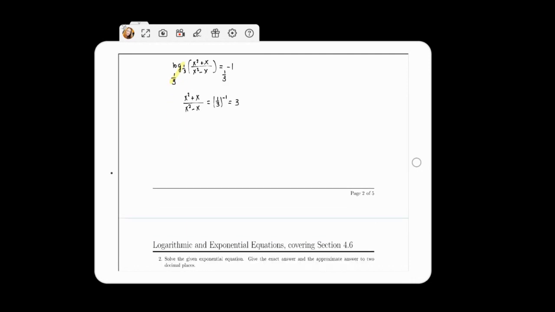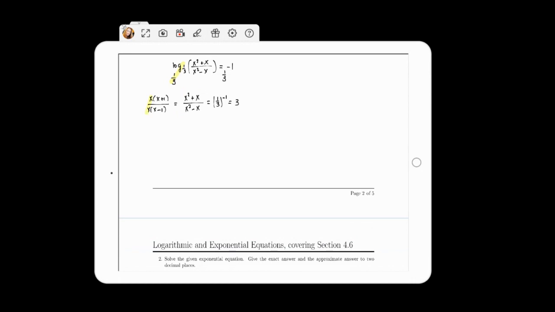So I have to solve this equation for x. I can factor these, so that is x times x plus 1 over x times x minus 1. So at least I can get rid of one of the x's.